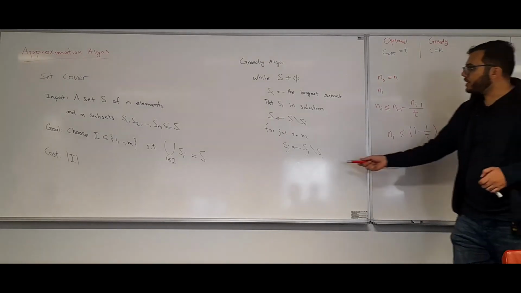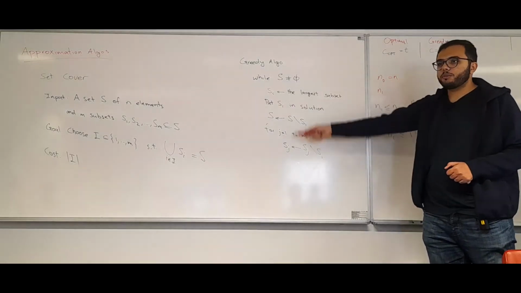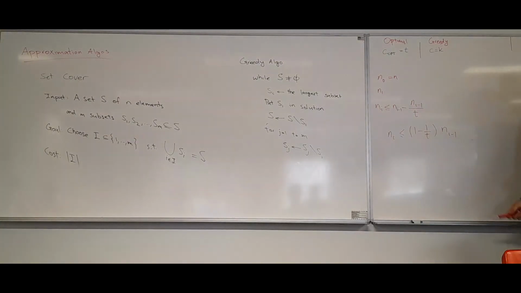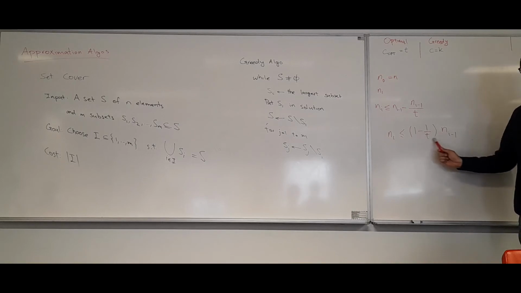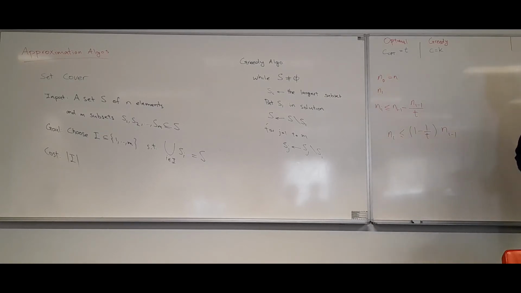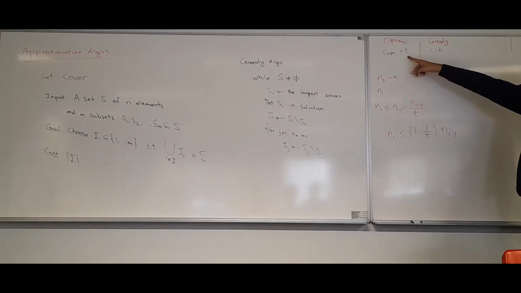So at every iteration of this while loop in my greedy algorithm, the size of my set is getting multiplied by this number. And this is a number that is smaller than 1. So my set is really getting smaller and smaller. Now, of course, the weird part here is that this number actually depends on the cost of the optimal algorithm.